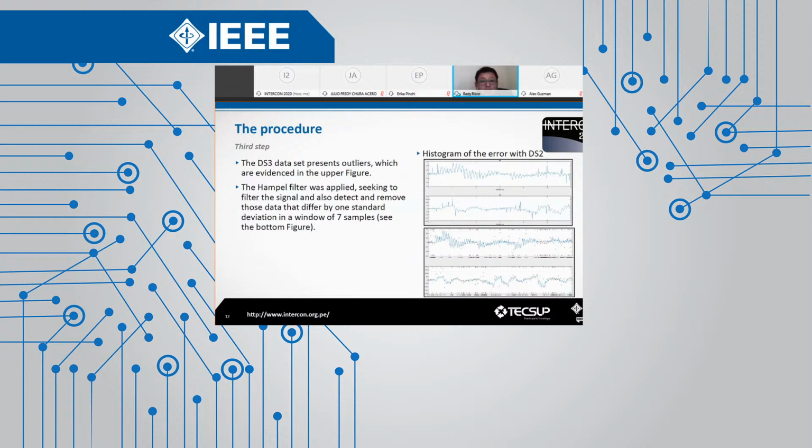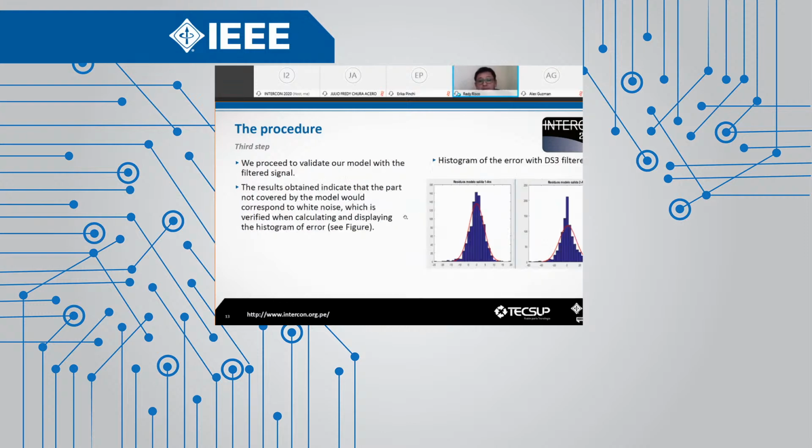We work with the outliers removed, and we can proceed to validate our model with the filtered signal. The results obtained indicate that the part not covered by the model corresponds again to white noise, which is verified by calculating and displaying the error histogram. See the figure. It is similar to the original data without outliers and without white noise.